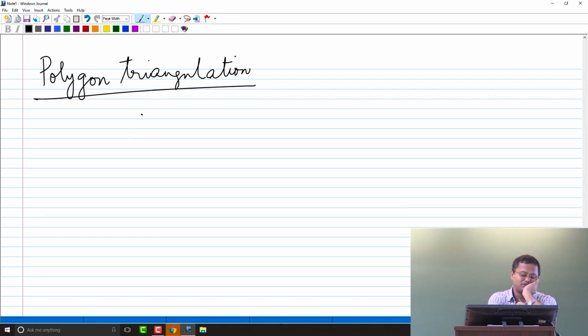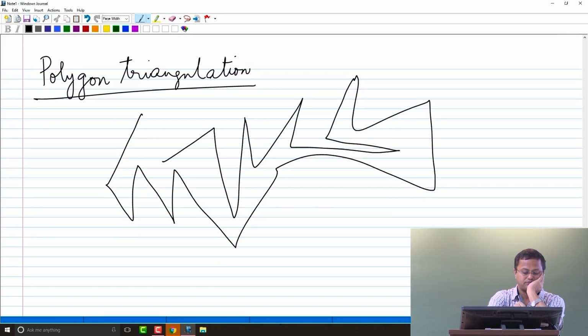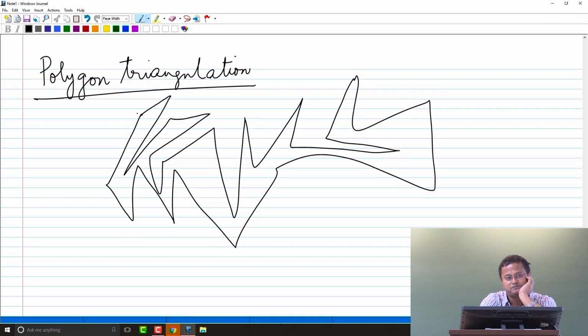So, the problem is as follows. You are given a simple polygon, make it as complicated as you like, and the question you ask is, this is a very important question for museums, for the CCTVs are ubiquitous these days.